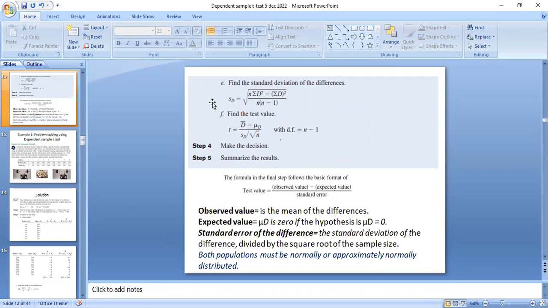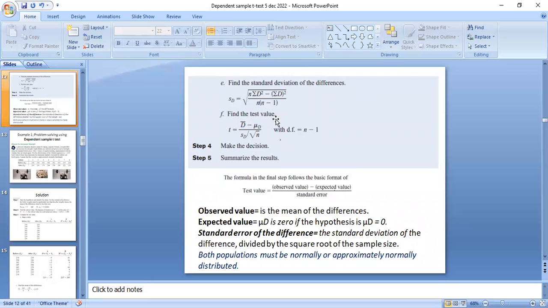The formula for the standard deviation in the dependent sample t-test is the square root of n, the sample size, times summation d square, the sum of the squared differences, minus sigma d whole square, divided by n times n minus 1.